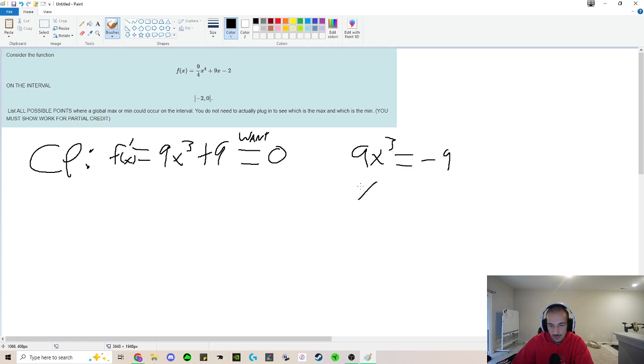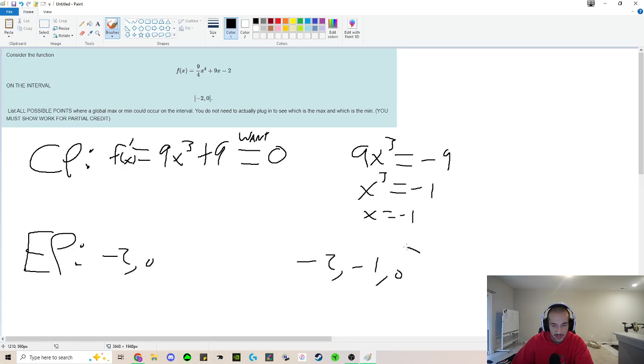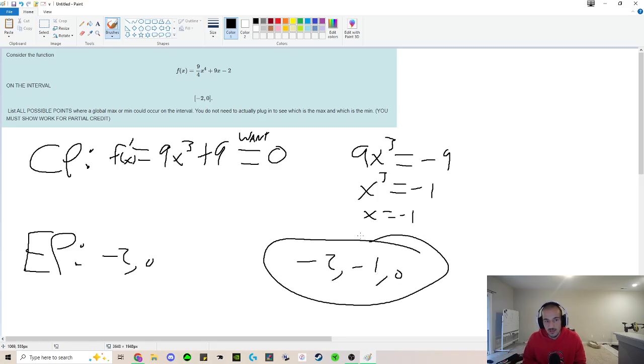We divide by 9 and we solve. x cubed is -1, x is -1, right? And then endpoints is just going to be -2 and 0. So now we have -2, -1, and 0 are the only points that we could have a global max or min.